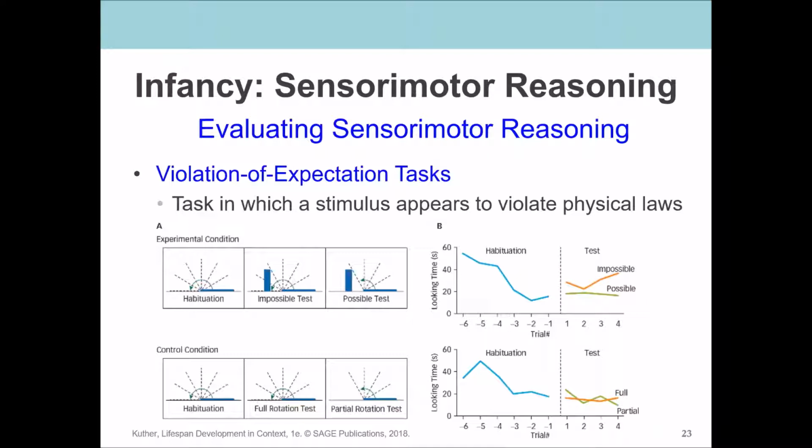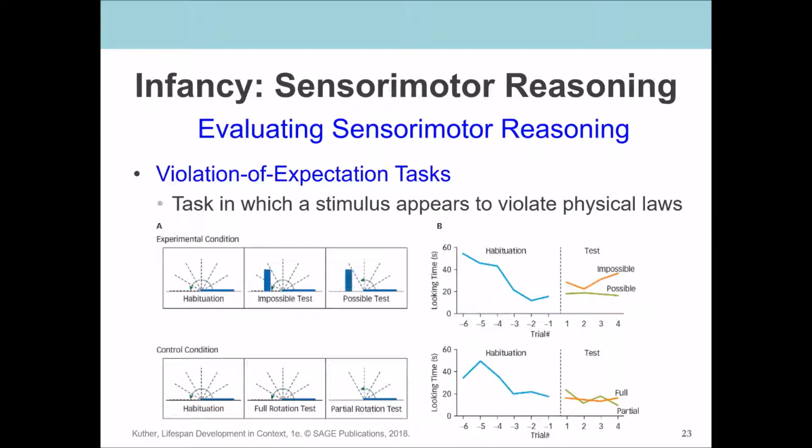Remember, his task required young infants to reach over and pick up the blanket to uncover the toy to demonstrate that he understood that the toy still existed. So that requires a coordination of all of that motor movement in addition to the memory and understanding of the world. So another way to test this is with what are called violation of expectation tasks.